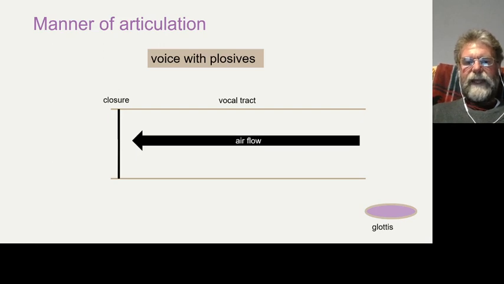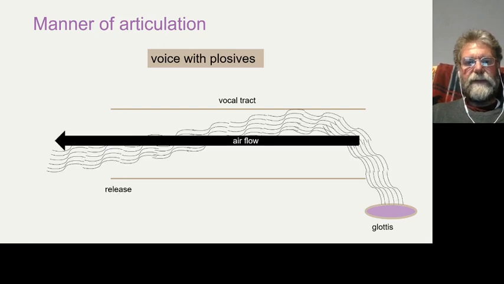On the other hand, if you vibrate your glottis at the very same time as you release the closure, so that the glottis causes vibrations at the same point as you release the blockage, then you get what is known as a voiceless plosive.